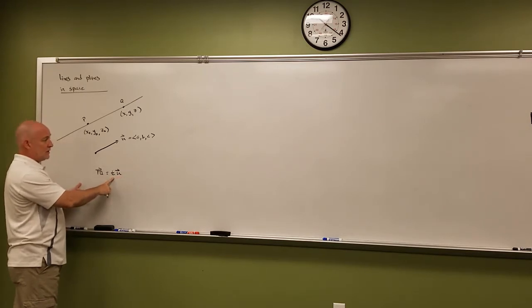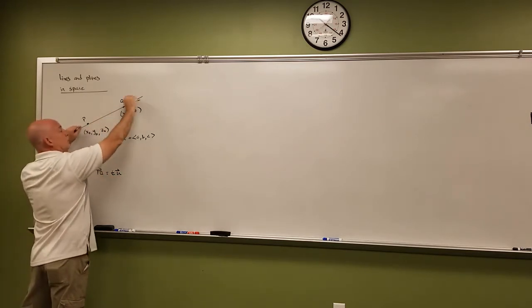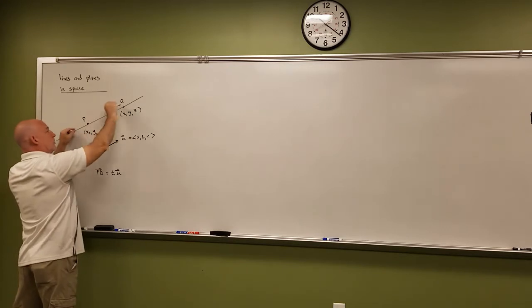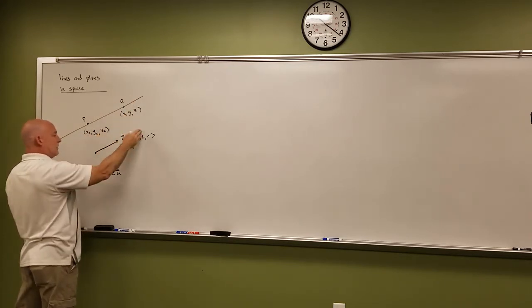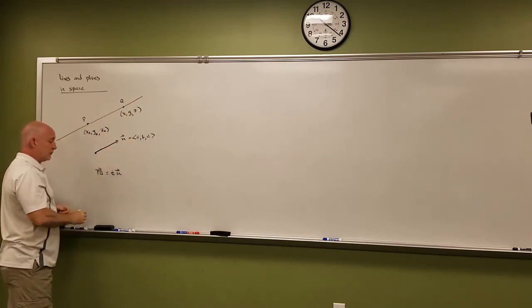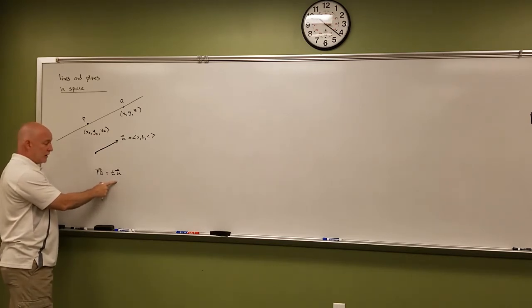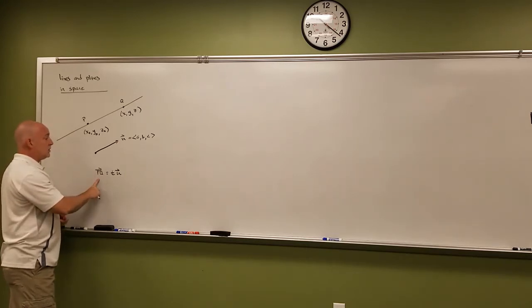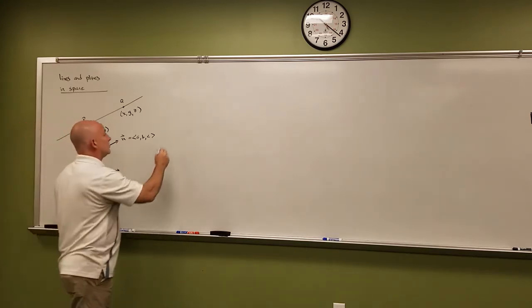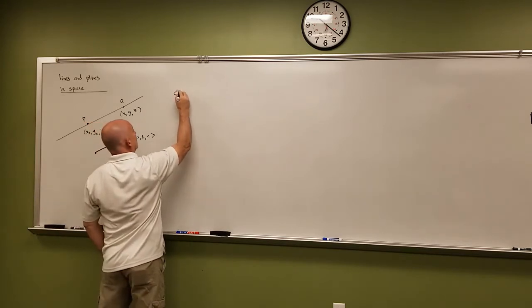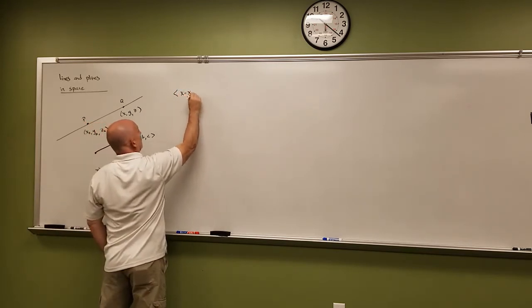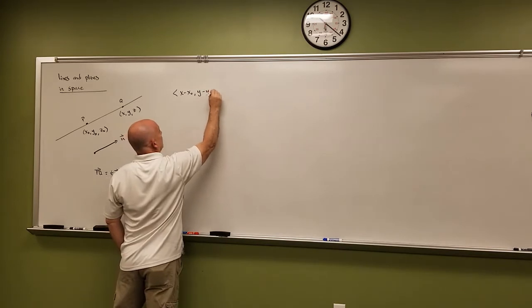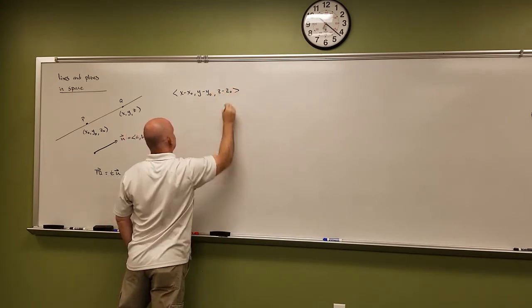Now I'm using the letter t here because Q is an arbitrary point. It could be closer or farther away, which means that t can be a bigger or smaller value. Well, this relationship right here actually tells us how to write the equation of a line in 3 dimensions. Because the vector PQ would be the vector x minus x naught, y minus y naught, and z minus z naught.